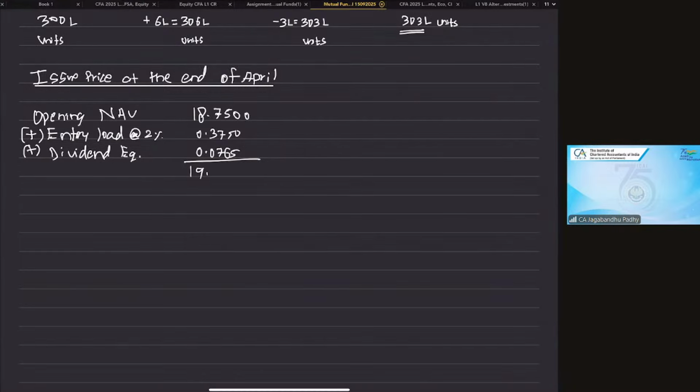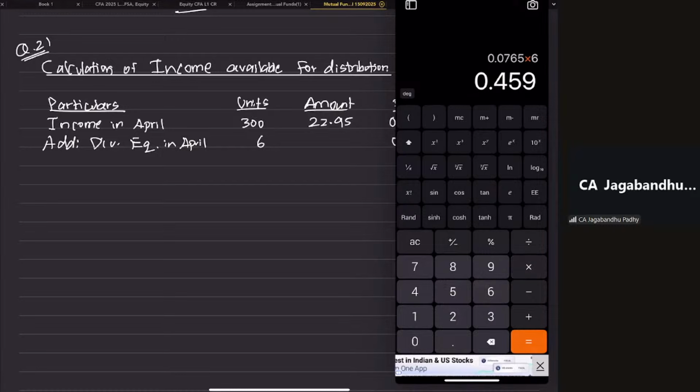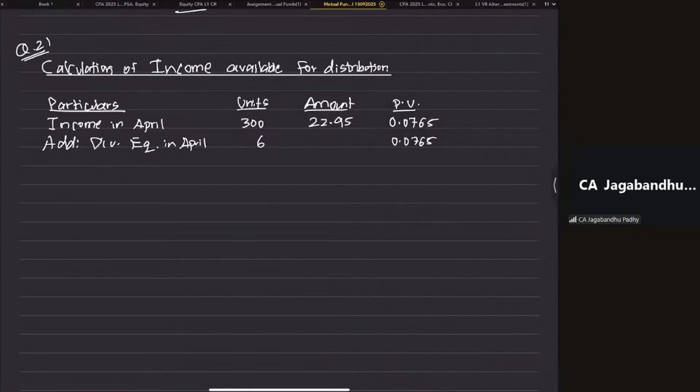From the point of view of the mutual fund, we have received it. Can I say per unit 0.0765? So totaling to how much? 0.0765 into 6, which is 0.459 lakhs.